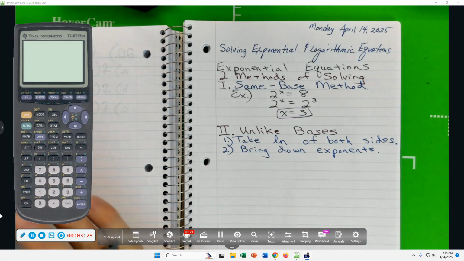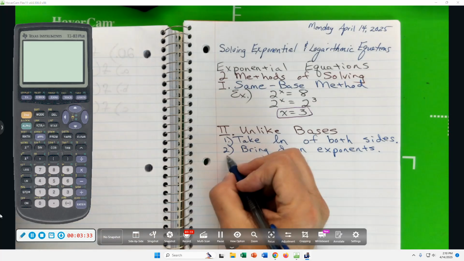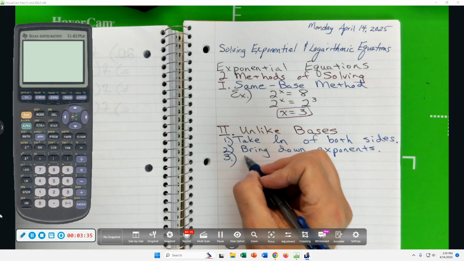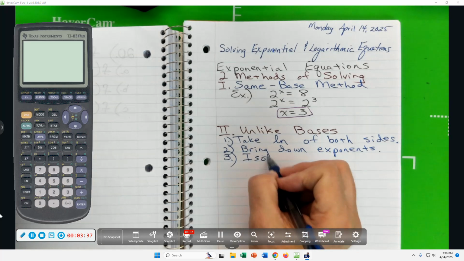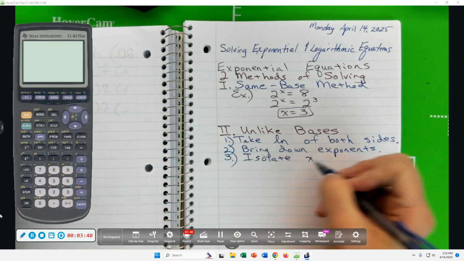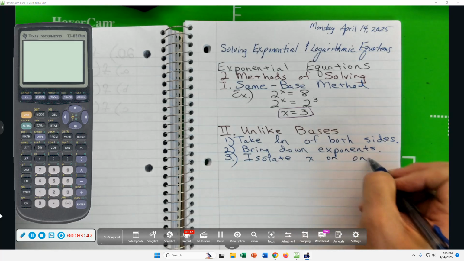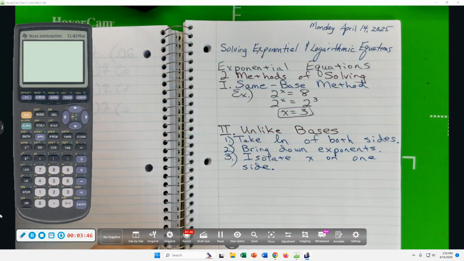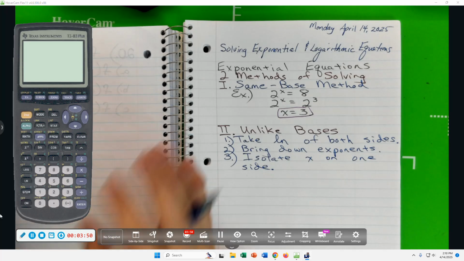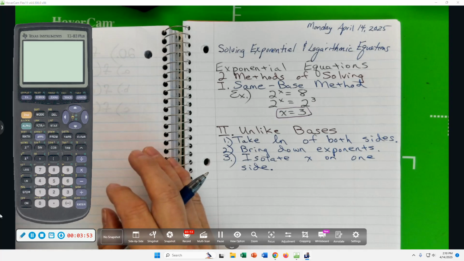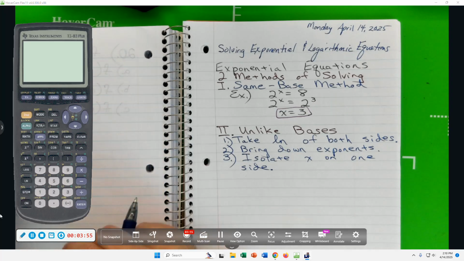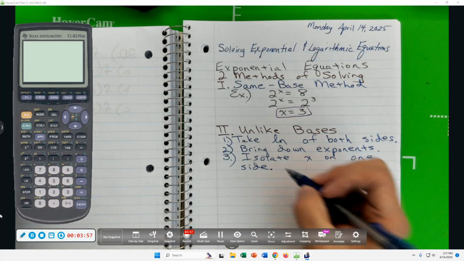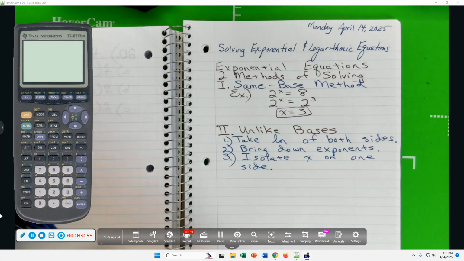And if the variable is x, you have to isolate the x term on one side. If you have more than one x term, you'll have to get all of the x terms on the same side and factor out the x. I'm going to put that as a parenthetical statement.